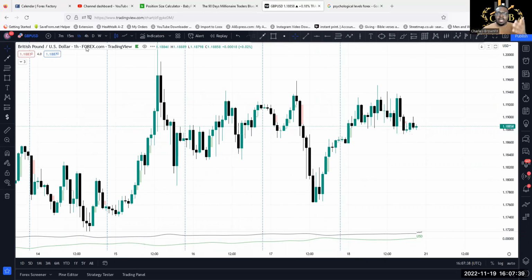If you trade the daily time frame, the weekly time frame, and the 4-hour time frame, then you are a swing trader. If you trade the 4-hour, 1-hour, 15-minute time frames, you might consider yourself a day trader. And if you're a scalper, you're looking at 15 minutes, 5 minutes, 1 minute time frames, you get it. So you need to know what type of trader you are and what time frame you're functioning on.